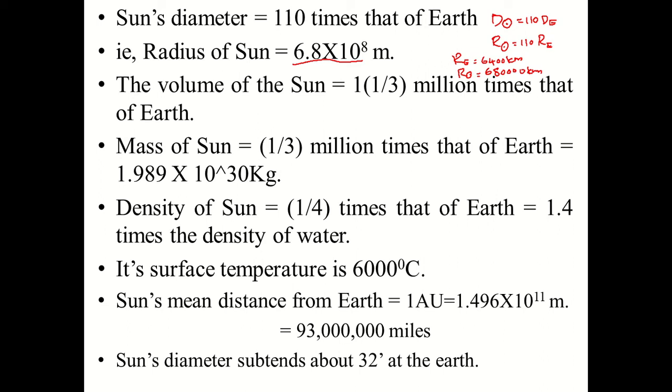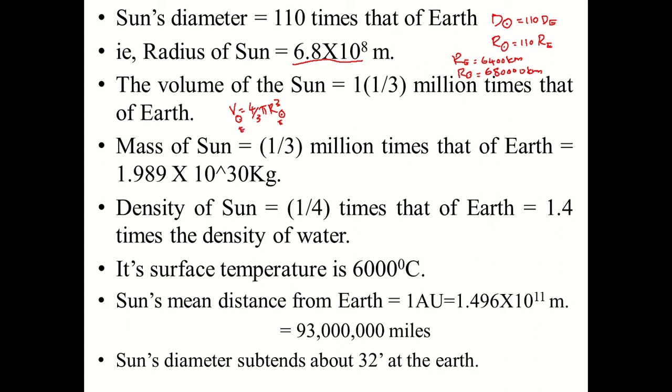Now if you consider the volume of the sun, you can easily calculate it. If you assume the sun to be exactly spherical, then the volume will be equal to 4 by 3 pi r cubed. If you put in the radius of the sun, you will get the volume of the sun. If you substitute the radius of earth, you will get the volume of earth.